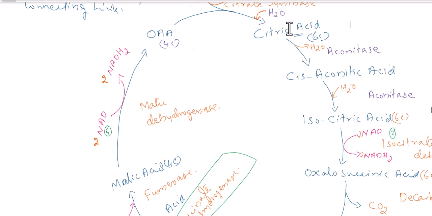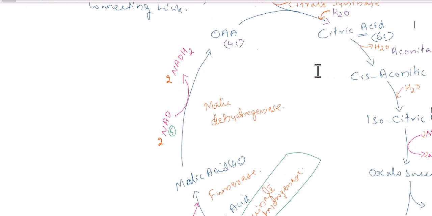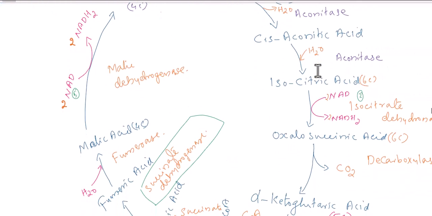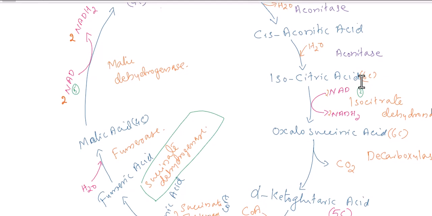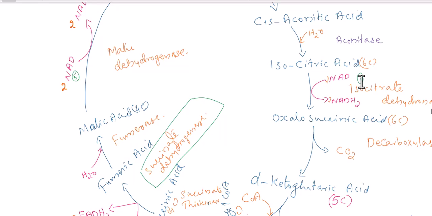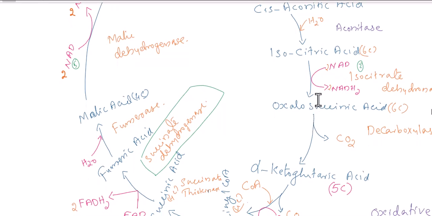Citric acid is directly converted to the next compound known as isocitric acid, again a 6-carbon compound, with the help of the enzyme aconitase. Isocitric acid is very important. Isocitric acid undergoes oxidation. It is the first compound in the Krebs cycle that undergoes oxidation.